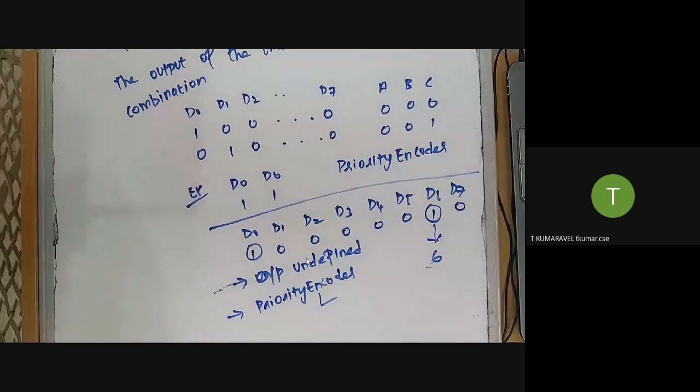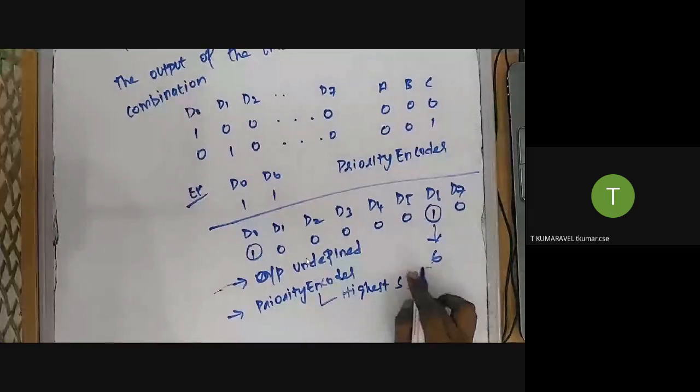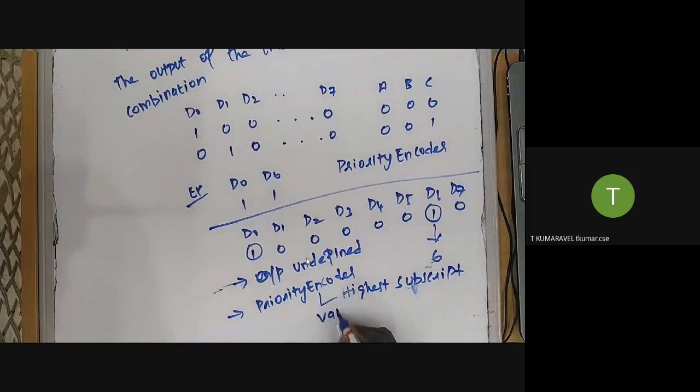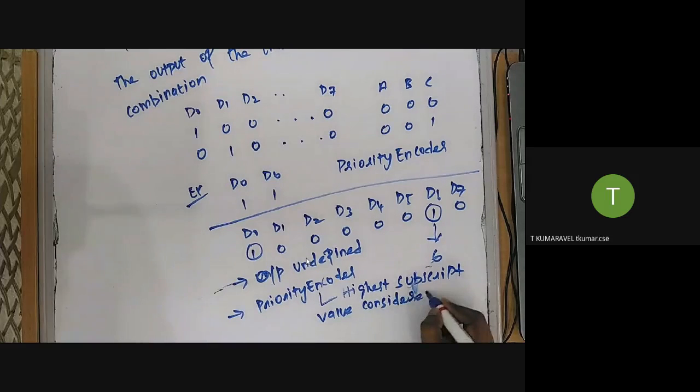The priority encoder says that the highest subscript value is considered as higher priority, and that is the final output.